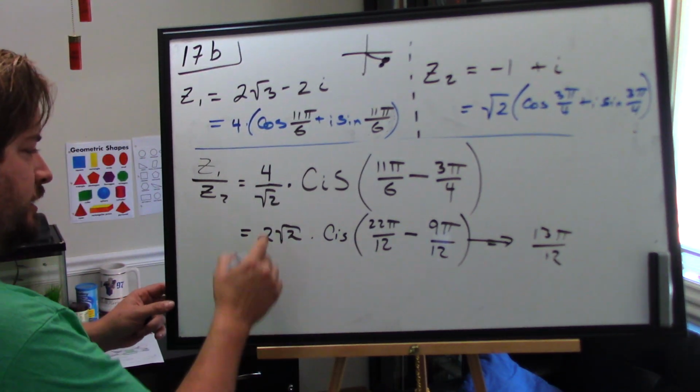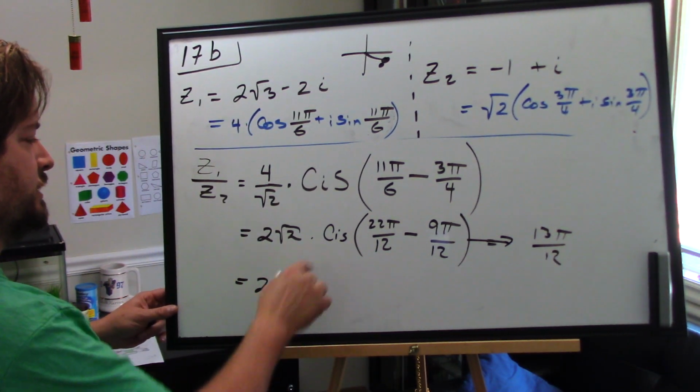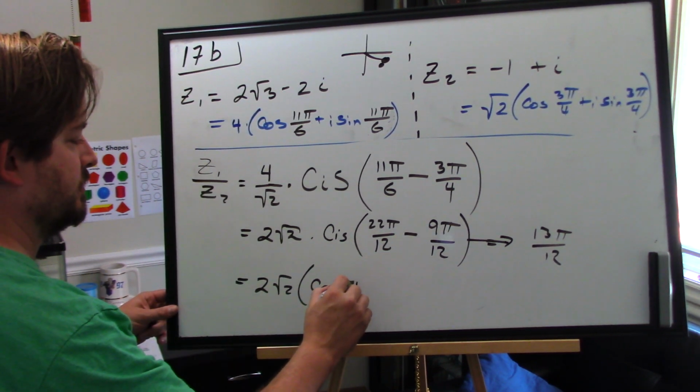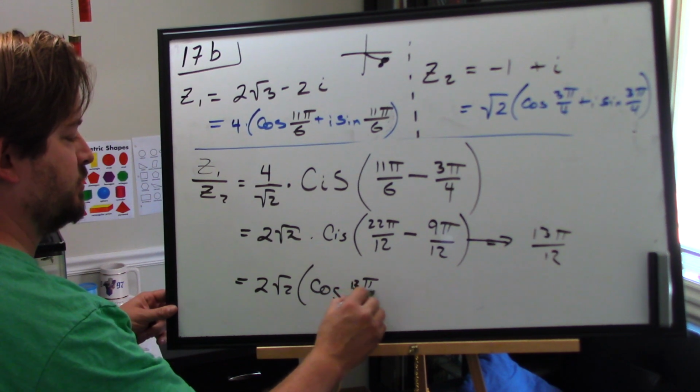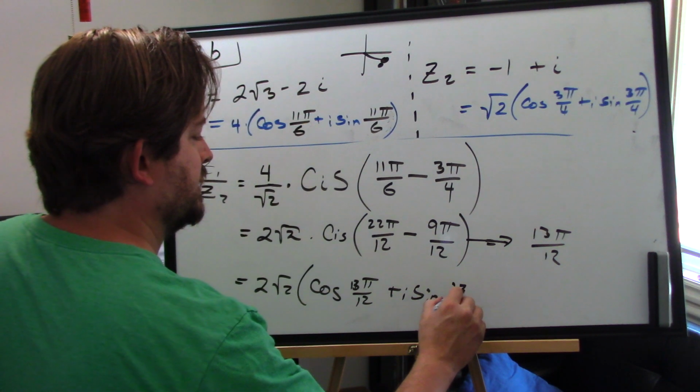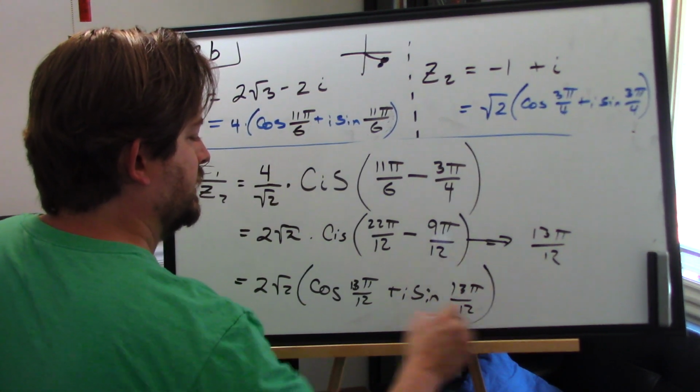And so to explicitly write this out, I have 2 root 2, CIS is the cosine of that angle, 13 pi twelfths, plus the i sine of that same angle, 13 pi twelfths. Done.